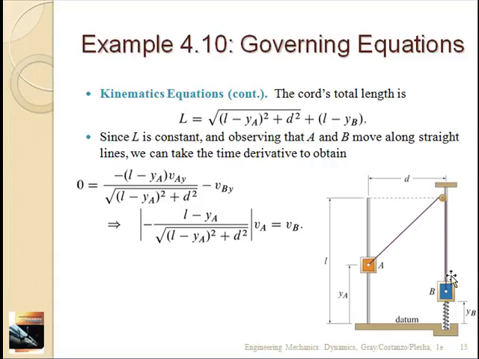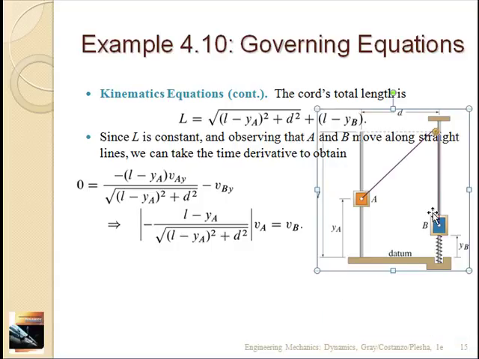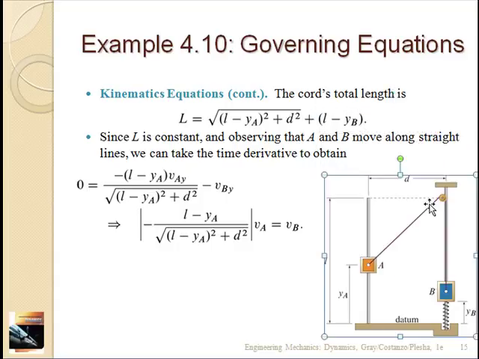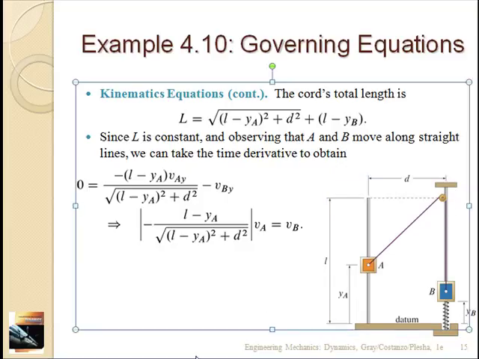So the length of this piece is this distance here, which is the square root of the sum of the squares of this distance plus this distance, and this distance is L minus y_A. And then the distance right here is just L minus y_B.